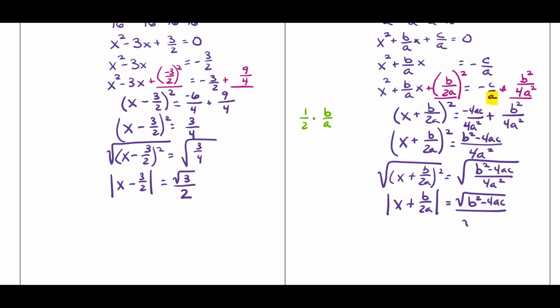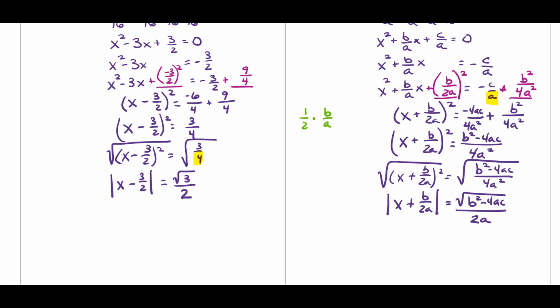However, we also have the square root of 4a squared on the bottom, but just like over here, this 4 was a perfect square. 4a squared is also a perfect square. So instead of putting the square root of 4a squared, I'm going to erase that, and I'm going to put 2a, because 2a times 2a is 4a squared.